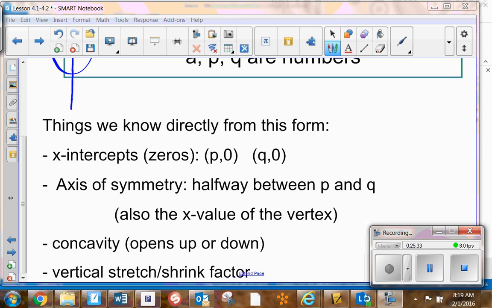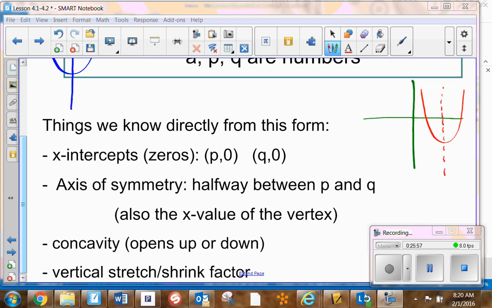Alright, so in this one I wrote in the zeros for you. So the zeros are going to be p, 0 and q, 0. Axis of symmetry: this is kind of interesting. The axis of symmetry is halfway between the p and the q. Wait a minute, what does that mean? I said halfway between. Well, wherever your graph is, this right here is your vertex, right?